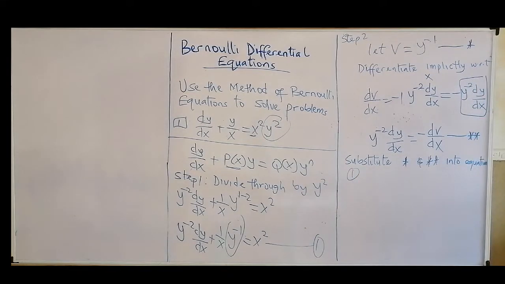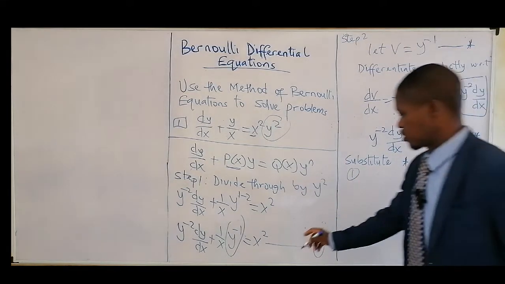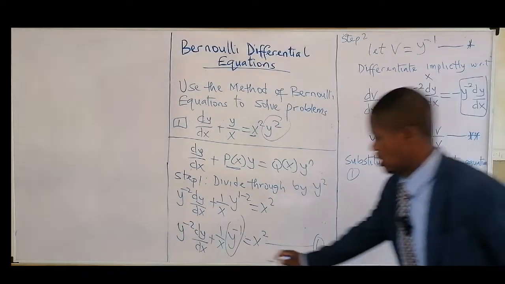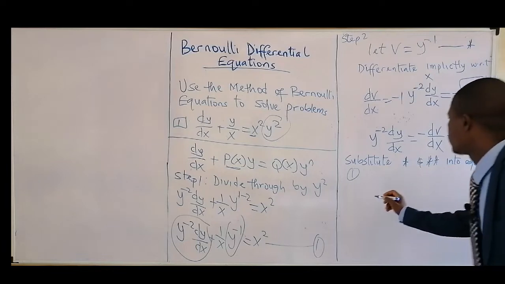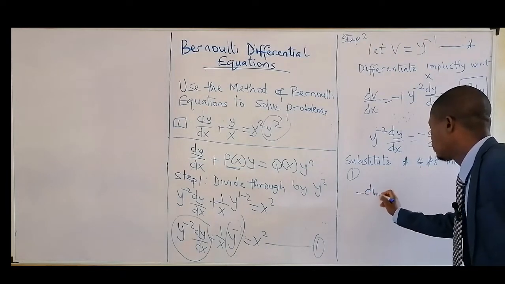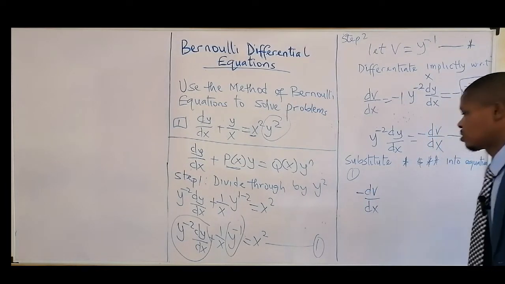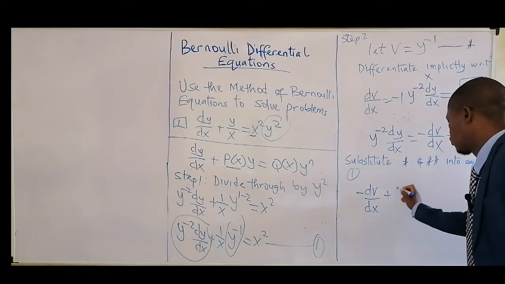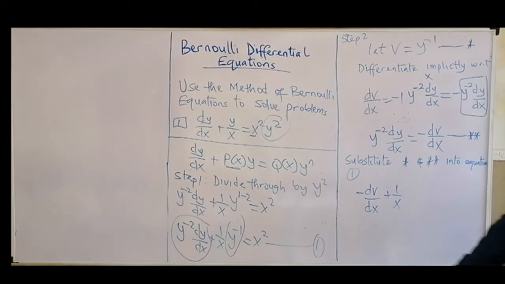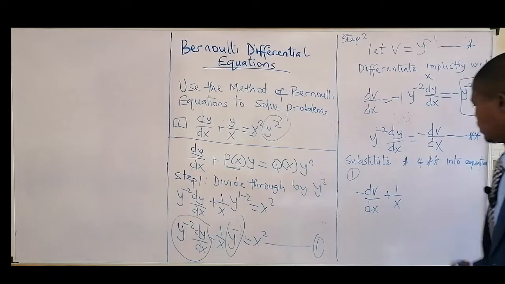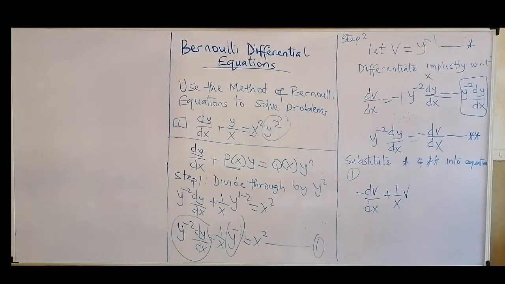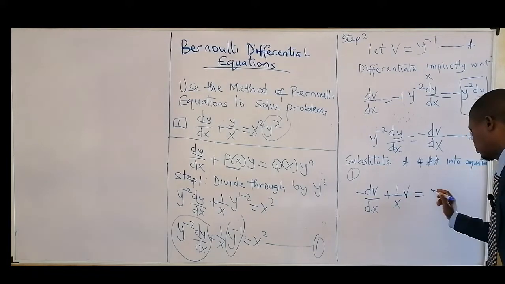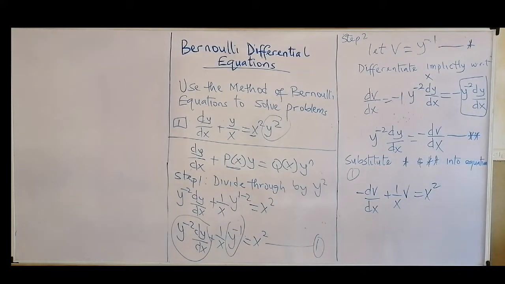So equation 1 now becomes, come back to equation 1, this is it. We have an expression for this, which is minus dv/dx, then plus 1/x times v, and that's star 1, v, equal to x squared.